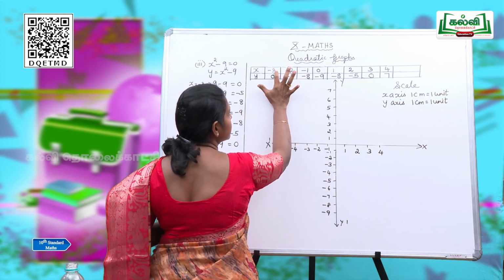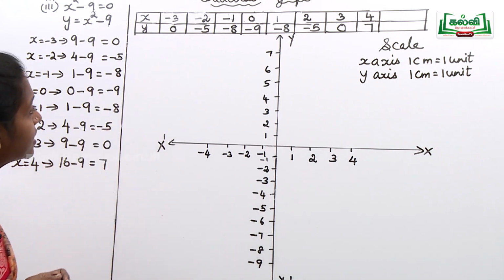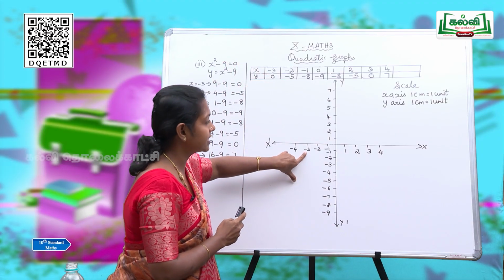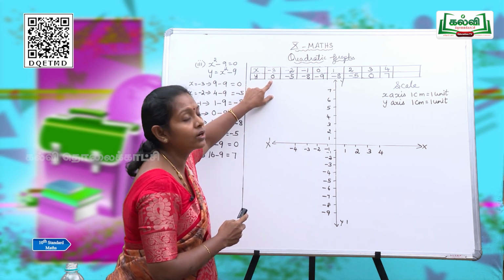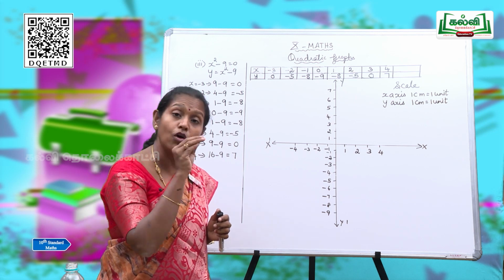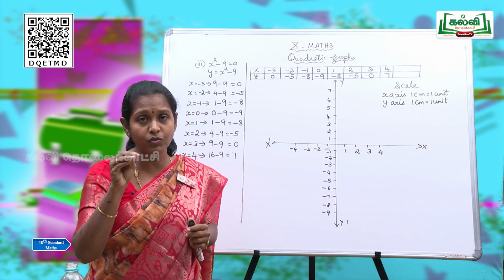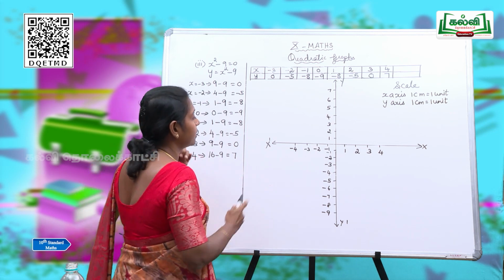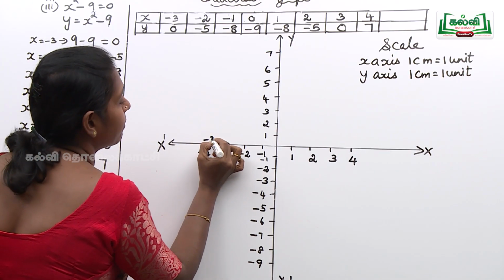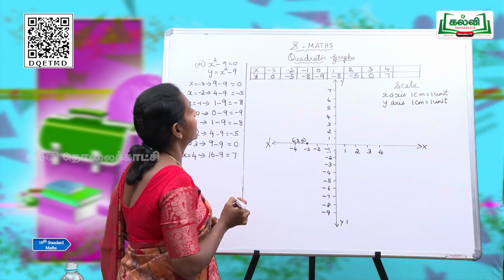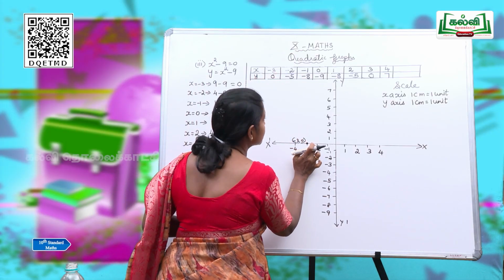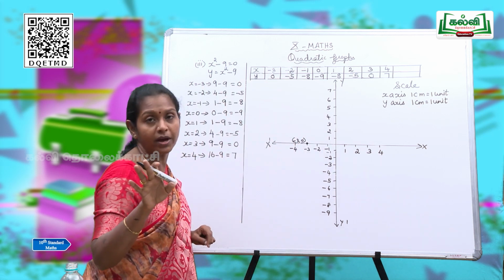Now, you are going to plot it. How are you going to plot it? Minus 3, 0. In this first pair, x has minus 3, and y does not have any value. So, you have to mark that minus 3 along the x-axis or y-axis. Which one? X-axis, correct. So, here you should mark. This is the point minus 3, 0. Next, minus 2 and minus 5. So, x-axis minus 2, y-axis also minus.